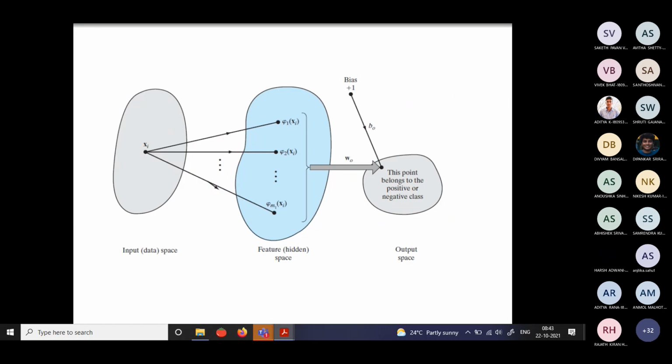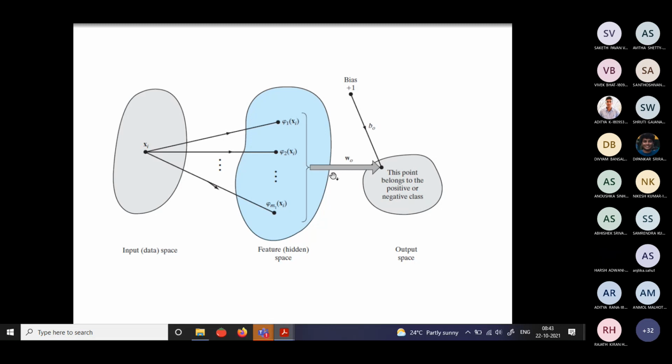This is basically a common way of applying SVM for pattern recognition tasks. You have the input space, and then the feature space or hidden space, and this can be done using some nonlinear mapping. That's why phi here is very similar to what we do in radial basis function networks.